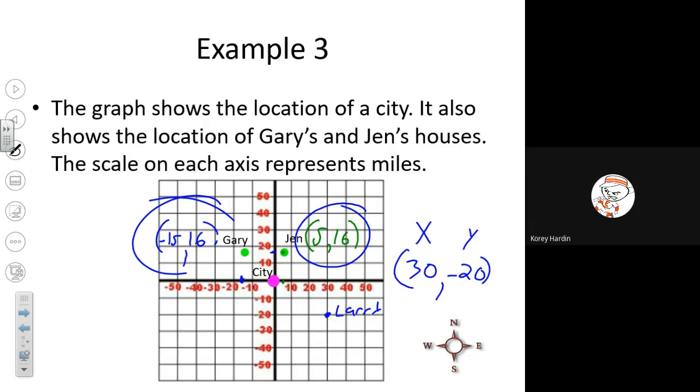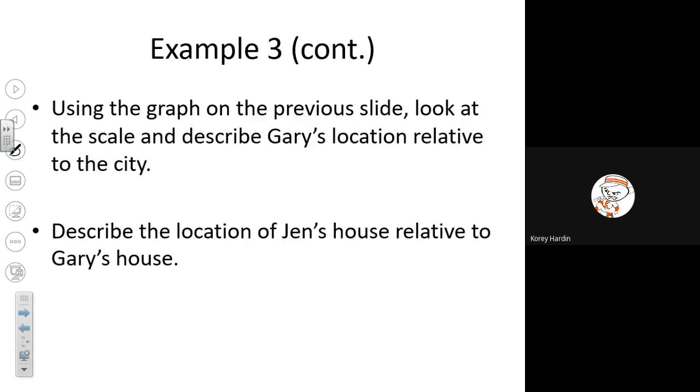Gary's coordinate is labeled. That means we're correct. All right. Now, Jen is located in quadrant 1, correct. Gary is located in quadrant 2, great job. And then Larry is located in quadrant 4. You're doing a great job.